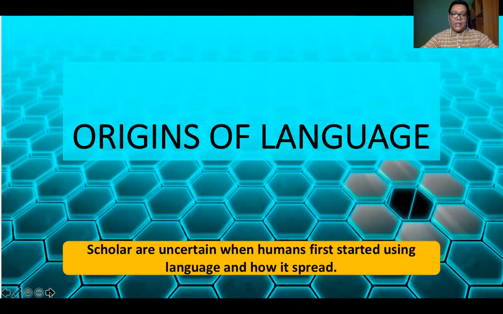Now, scholars are very uncertain when humans first started using language and how it spread. Although there have been a number of related literature which stipulate about the origin of the English language, there have also been a number of theories which speculate how the English language originated. Up to this time, scholars are still uncertain exactly when humans first started using language and how this original language spread throughout the globe.